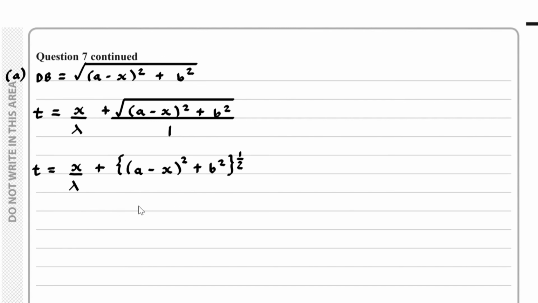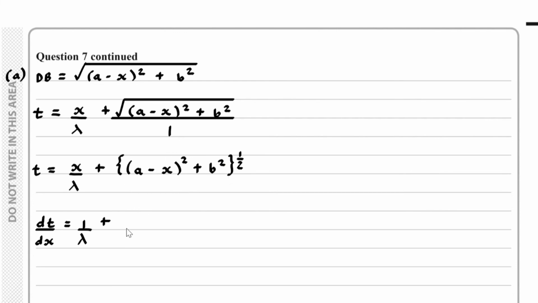And now we need to differentiate. So if we differentiate to find out what dt over dx is, while differentiating x over lambda, we end up with 1 over lambda. And differentiating, well, here we need to use the chain rule.